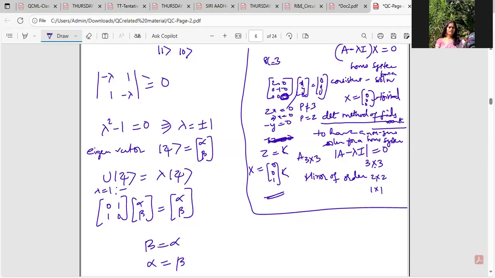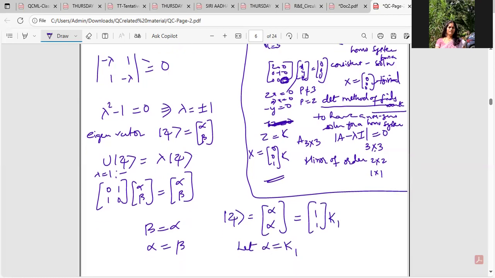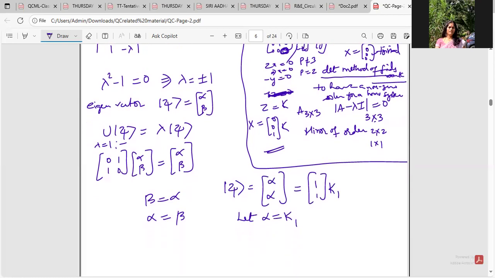If alpha is equal to beta, I can write ket xi as, instead of alpha beta, both are alpha only. Let alpha be k1 or something like that. So I'll have 1, 1 into k1. That's how I get one eigenvector, ket xi1. Let me call this ket xi1.